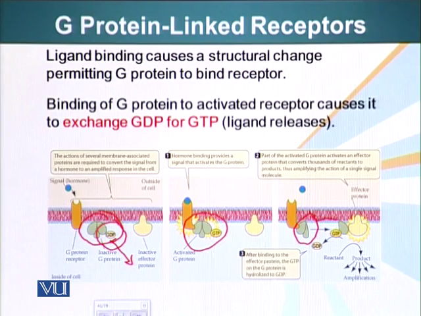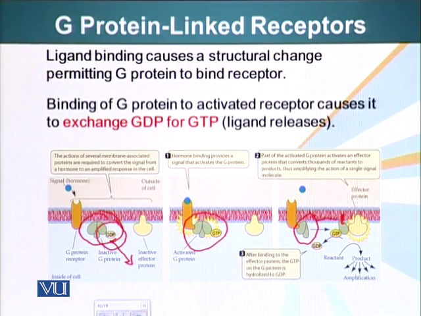It is still attached to the inner surface of the plasma membrane through a special type of hydrophobic molecule called the farnesyl group. It finds its effector protein, the protein that is going to transmit the effects of this ligand receptor interaction to the rest of the cellular machinery.